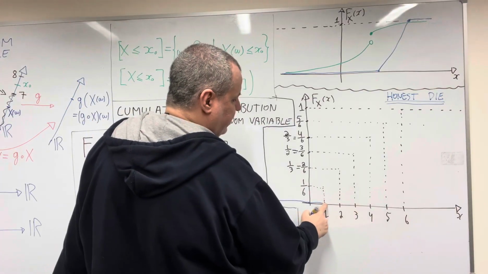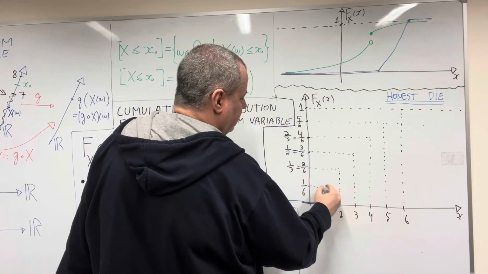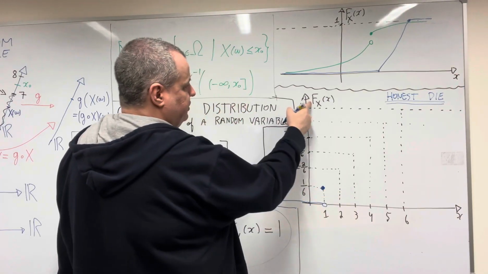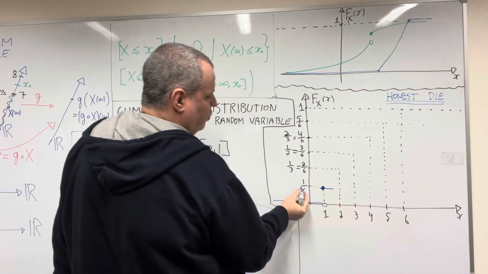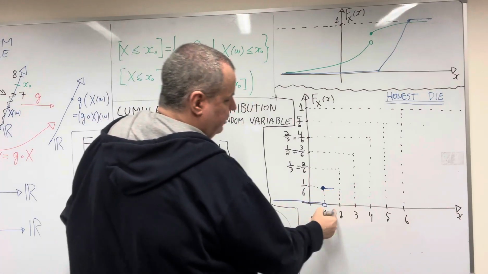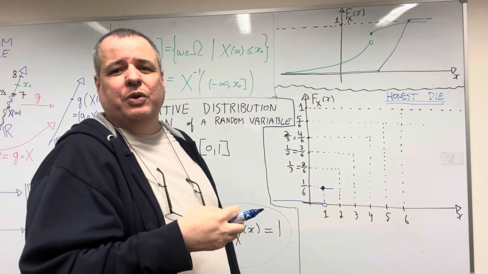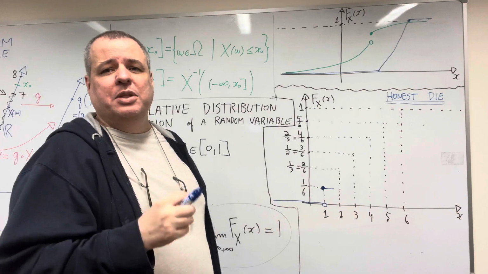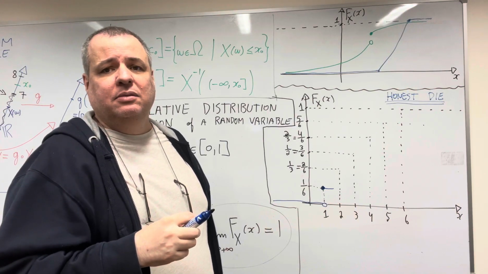So at this point there's a jump in the CDF, and the CDF becomes equal to 1 over 6, until we approach 2. What's the probability that when we throw an honest die, the outcome is smaller or equal to 1.99?